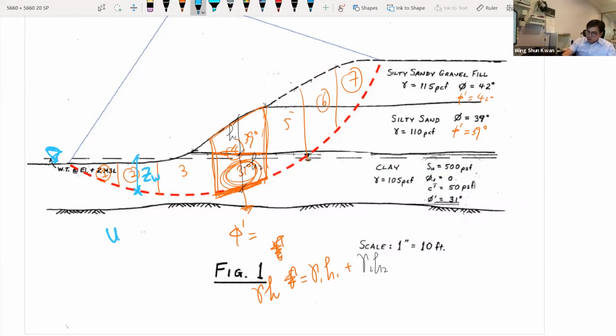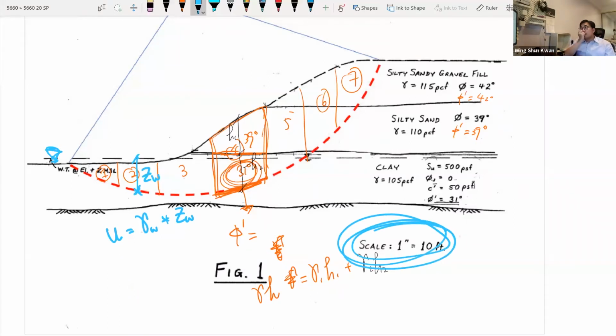So the pore water pressure right there equals the unit weight of water times the depth right there. Now you can always measure the scale in the field. If on a piece of paper this is 2 inches, applying this scale here, 2 inches means 20 feet. That means you have 20 feet of water head right there. So any questions?